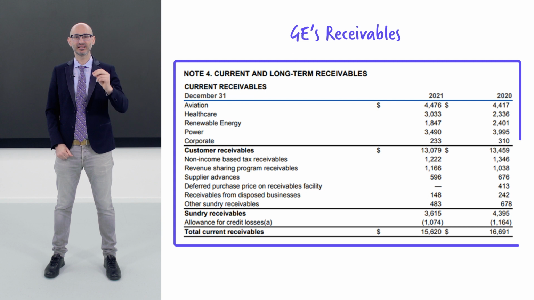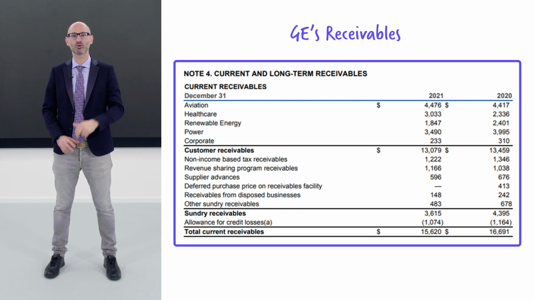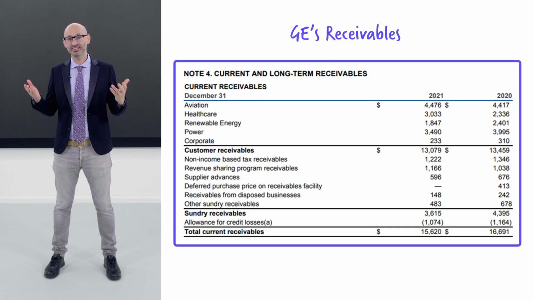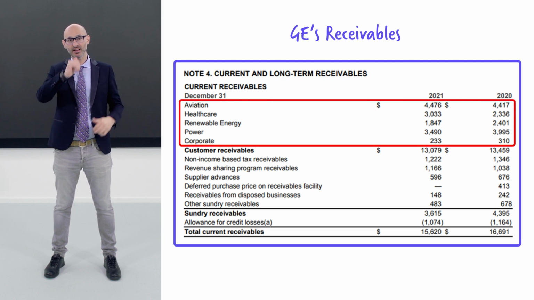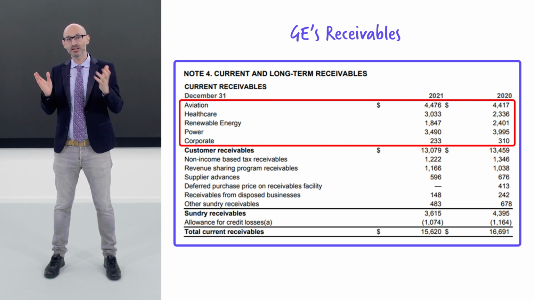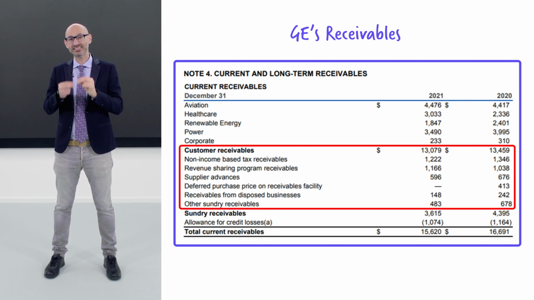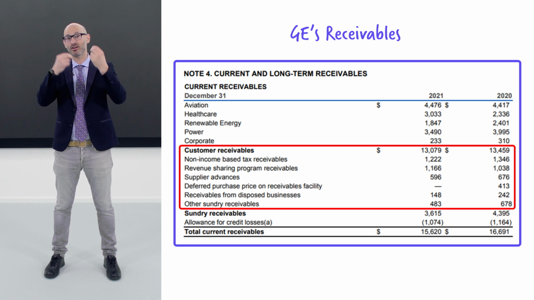General Electric is one company that heavily relies on credit in its business processes. As you see, they are quite elaborate. They split their receivables into various sections: aviation, healthcare, renewables, etc. They also put their non-customer related receivables, such as tax receivables expected from the government.